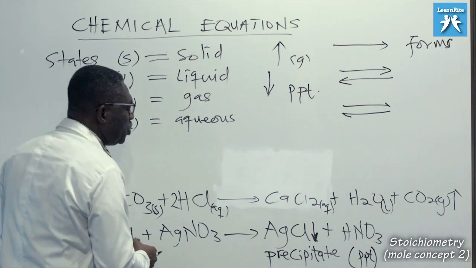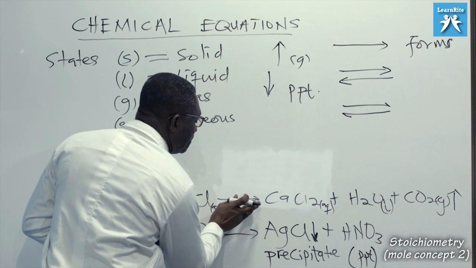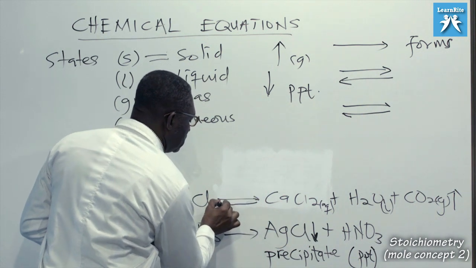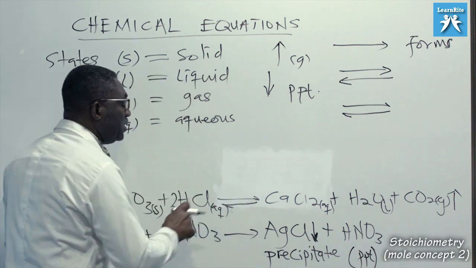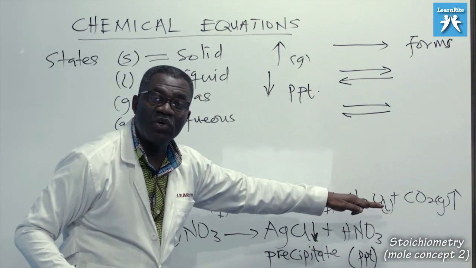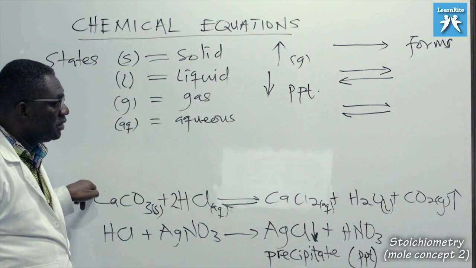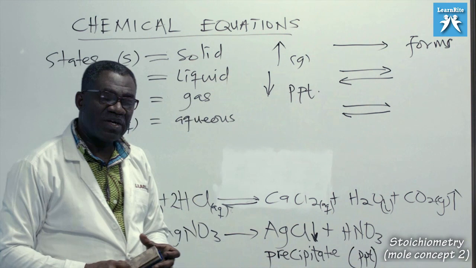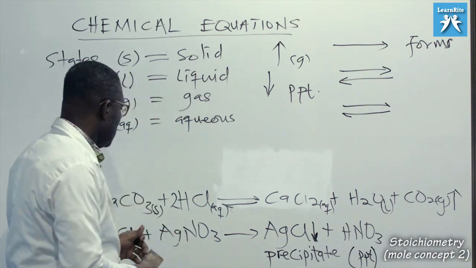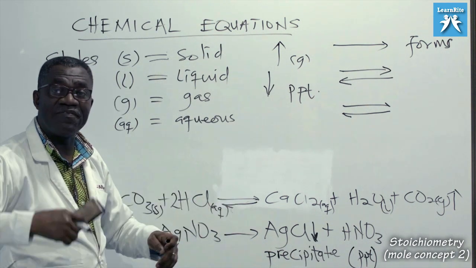Assuming I wrote this one like this, what it means is that it is forming in this direction. At the same time, these products can also act as reactants and react to give us the initial reactants. When the reaction starts and you have such a situation, we call that reaction a reversible reaction.